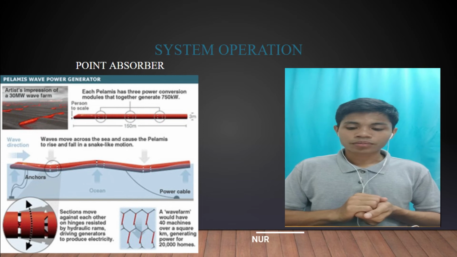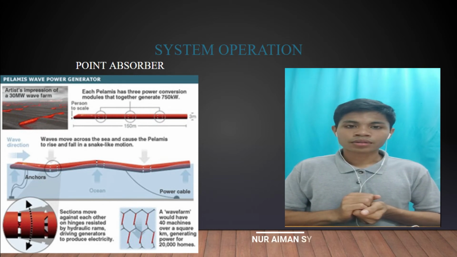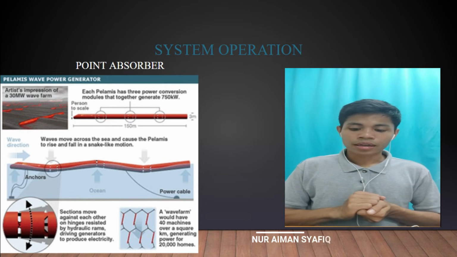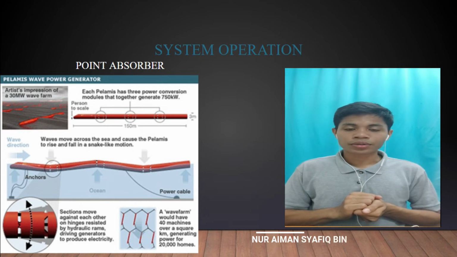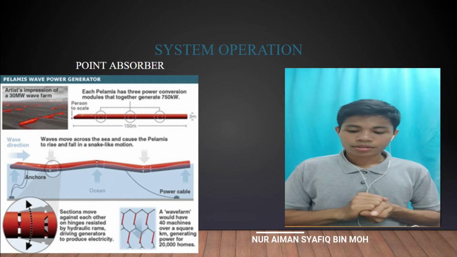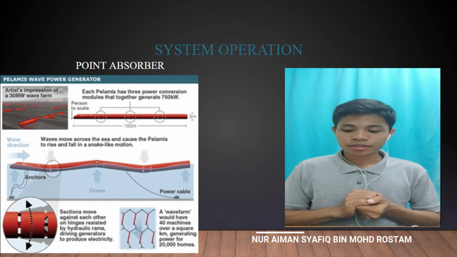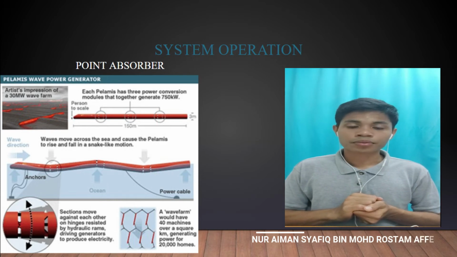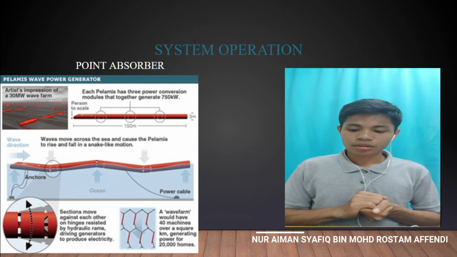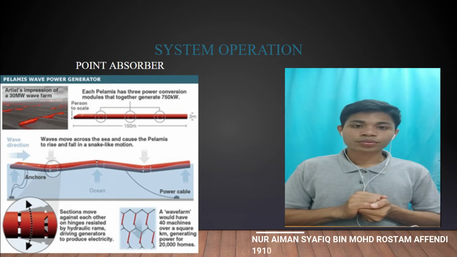For the first one, point absorber, we chose the Aguçadoura wave farm, located in Aguçadoura, Portugal. The company that created this farm is Pelamis Wave Power, and the total power generated is 2.25 megawatt.